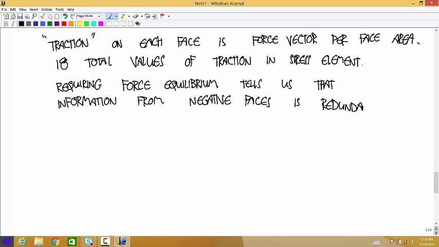So just like that, we cut half of our 18 values out, and now we need 9 numbers to represent a state of stress. 9 values needed to represent the stress at a point.